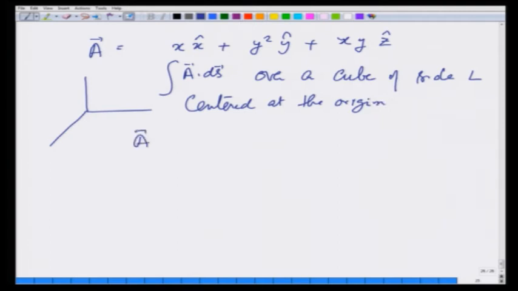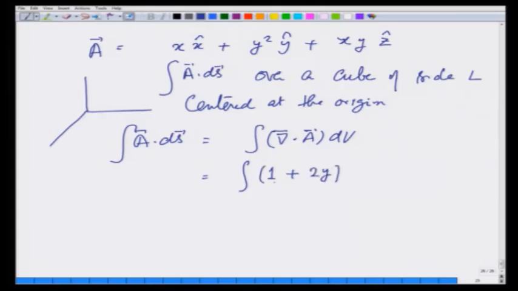So, A dot ds by divergence theorem is nothing but divergence of A dV, and you can immediately see divergence of A is derivative of x component with respect to x, which gives me 1, plus derivative of y component with respect to y, which gives me 2y, plus derivative of z component with respect to z, since that is xy, it does not contribute, and I have dx dy dz.